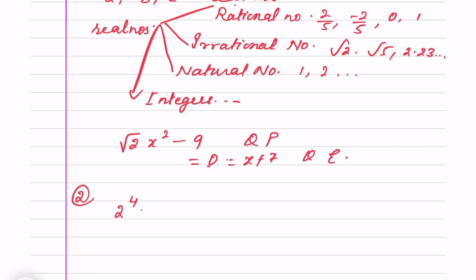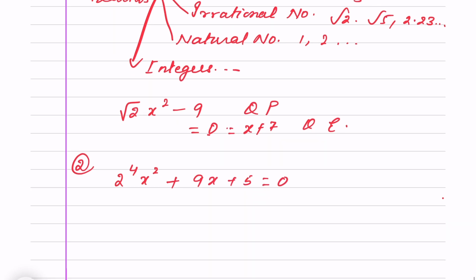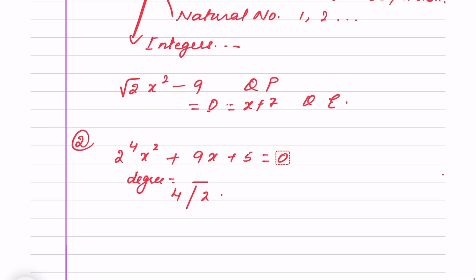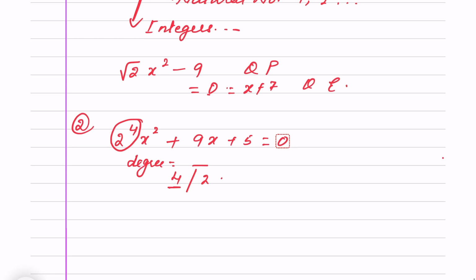Second question: tell me the degree of this one. It is root 2 to the power 4 x square plus 9x plus 5 equals 0. What is the degree? Okay, ma'am, you told us the degree is the highest power. So the degree is 4? 4 or 2? Think about it. Ma'am, it is 4. Why 4? Because 2 to the power 4 is there. Okay.